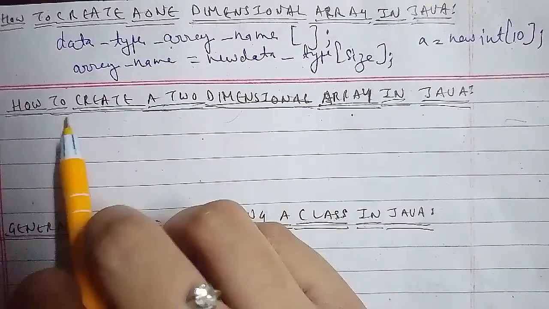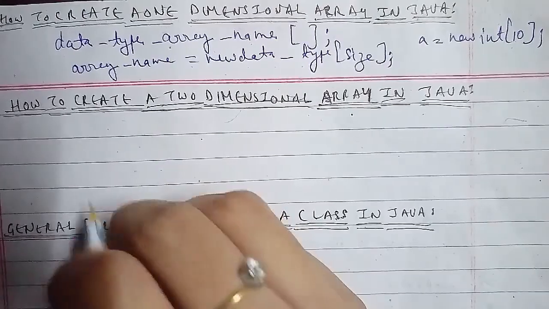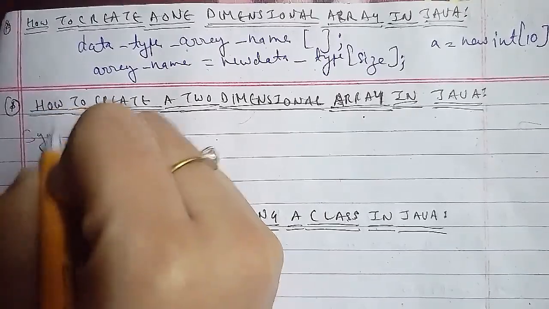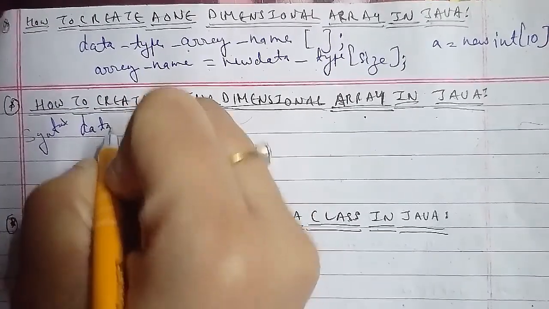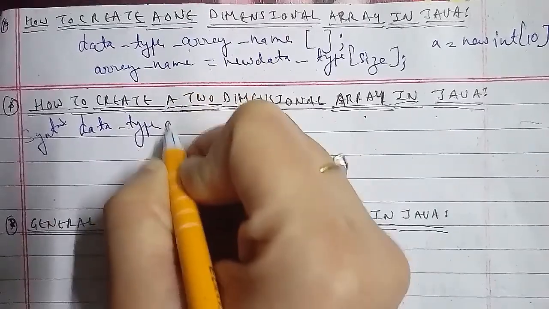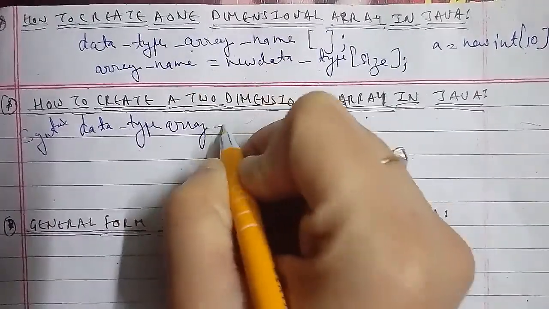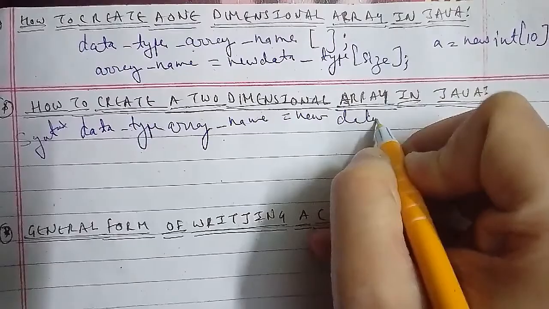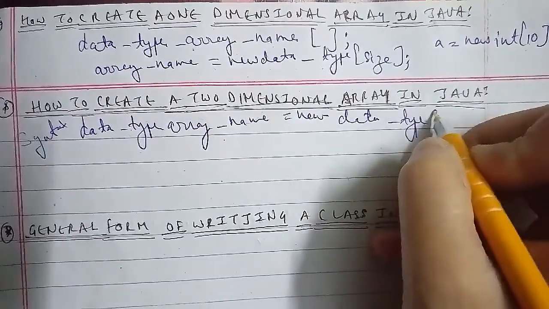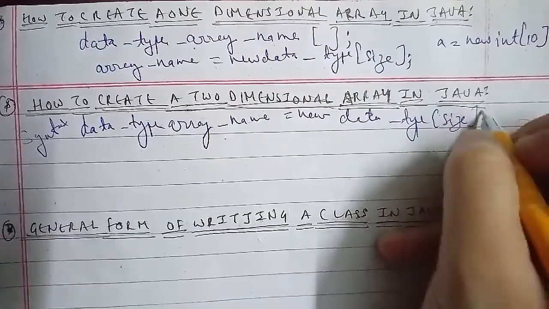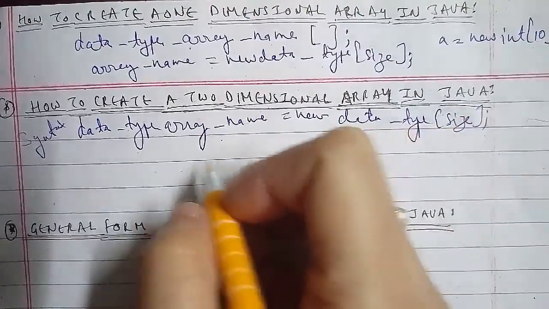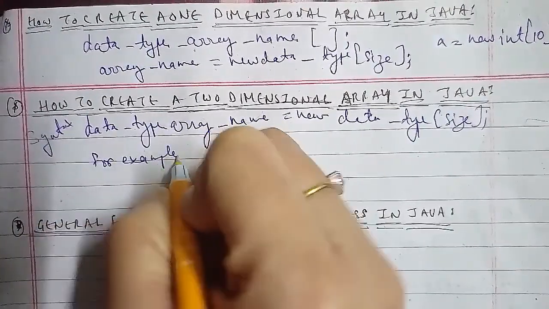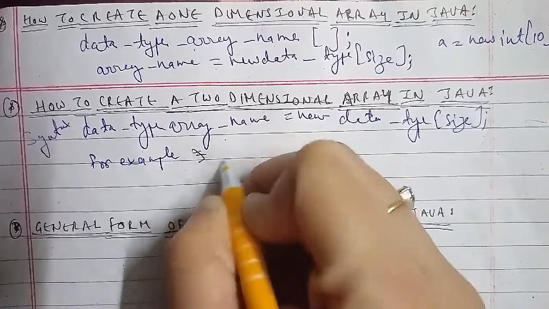So here the syntax, I'll just write it down: data type array name equals new data type and size. For example, int a equals new int 10.